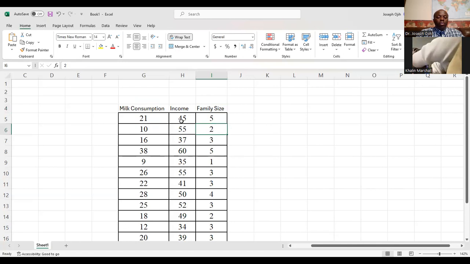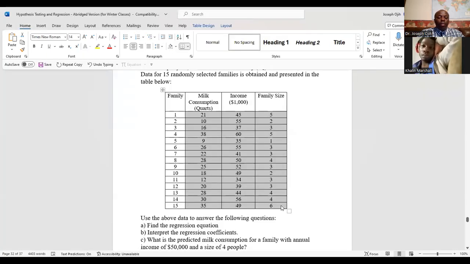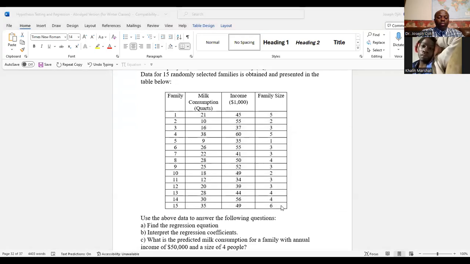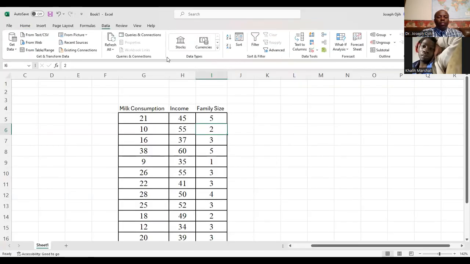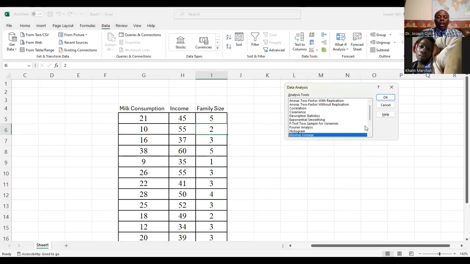What you're going to do is click on Data, then go to Data Analysis, click on that, and then look for Regression.